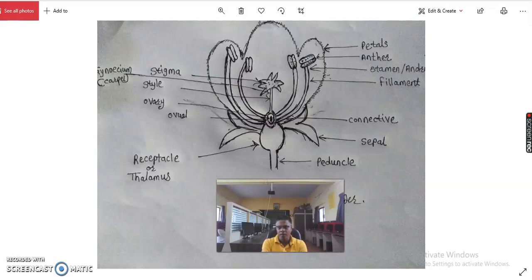The filament is the stalk of the stamen that bears the anther at its tip. It holds the anther in a better position to disperse the pollen grains.